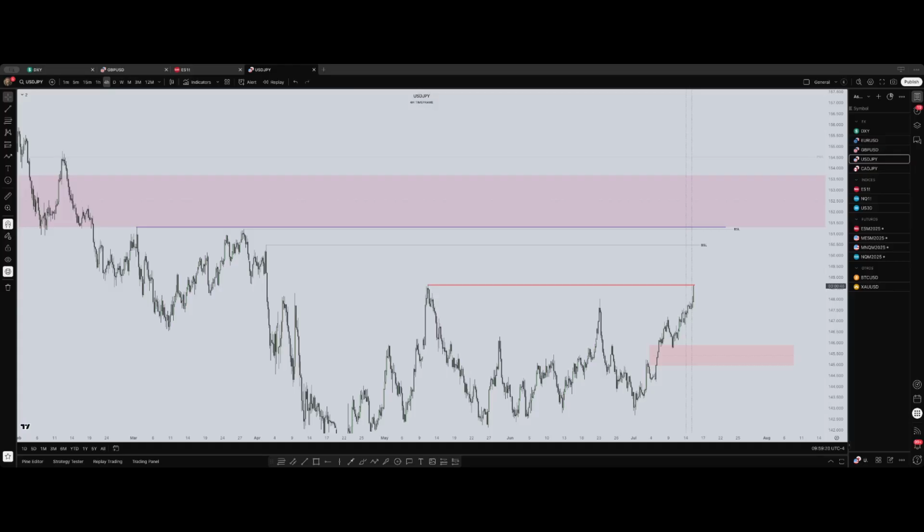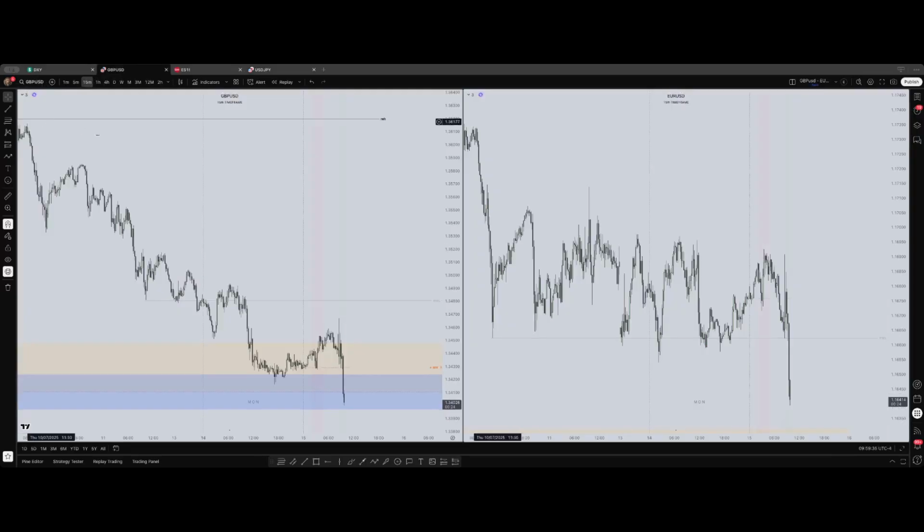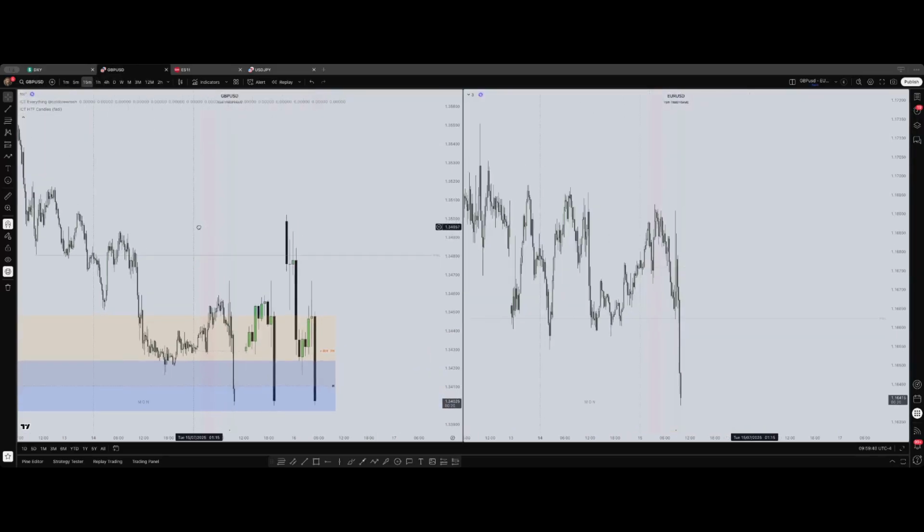Balkas is asking, can you explain how you use the candle indicator? Candle indicator, you mean, for example, this one? This one?